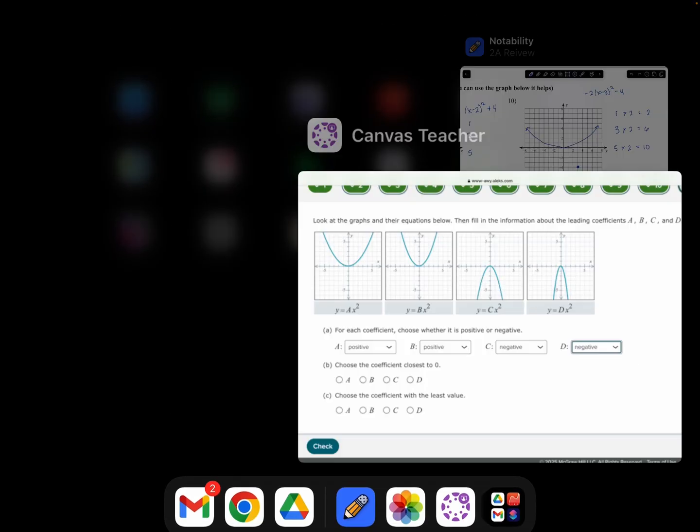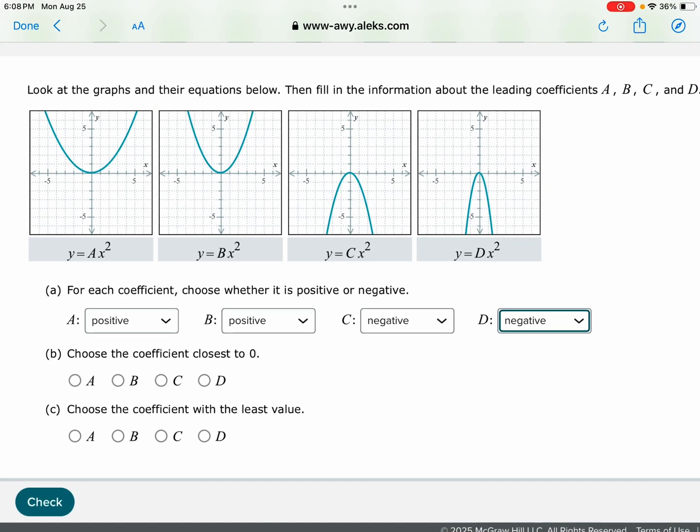So what I'm looking for here is the flattest of these graphs, and that's going to be the coefficient closest to 0. So I'm going to say A. If you look at A, that is the graph that is just more wide.